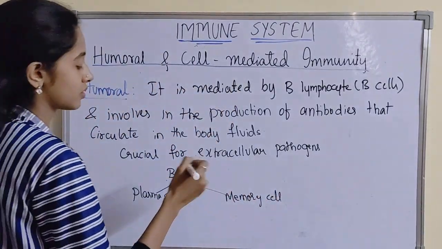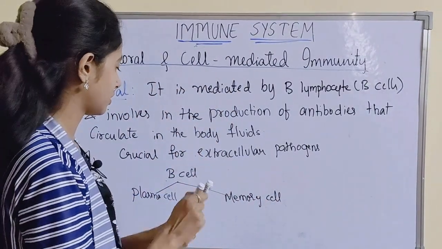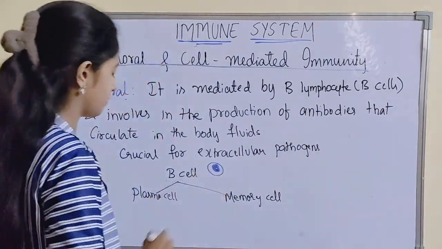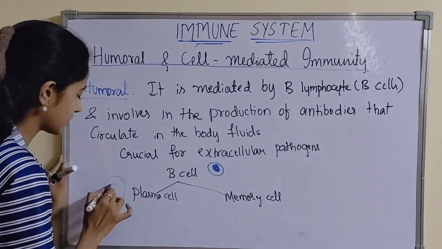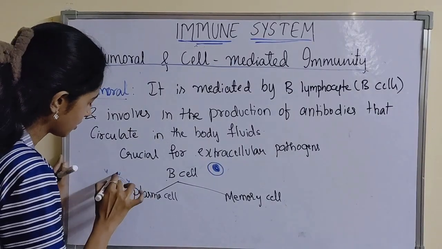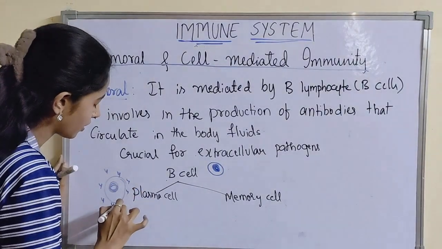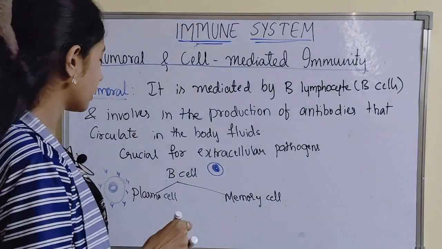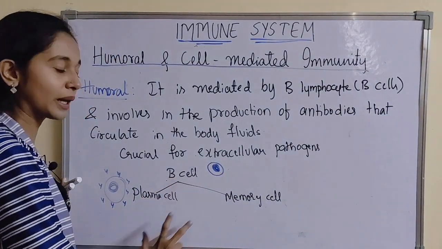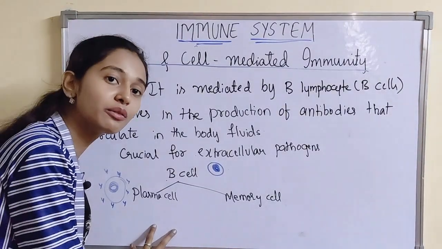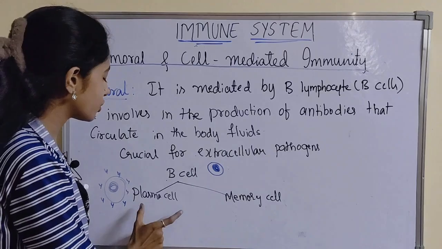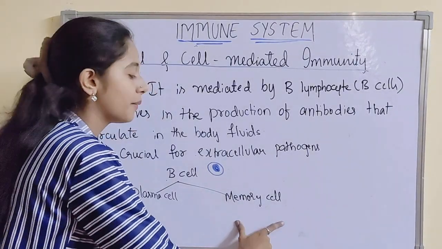So this is our B cell, then this is our plasma cell with antibodies, right? दो टाइप के सेल्स बनेंगे with the help of helper T cells. Those will be the plasma cell and the memory cell.